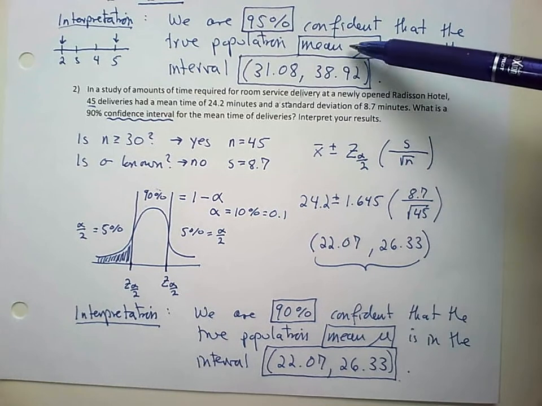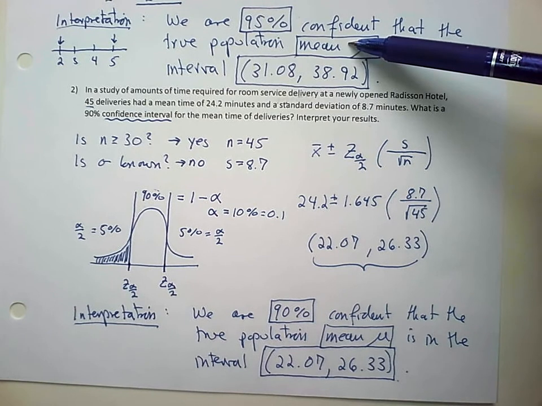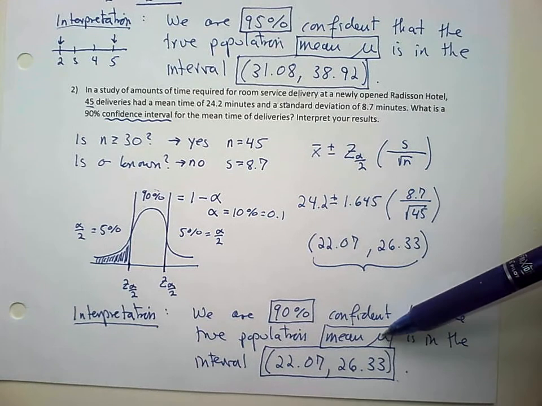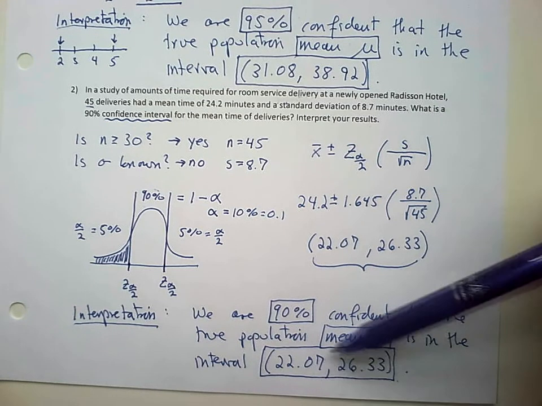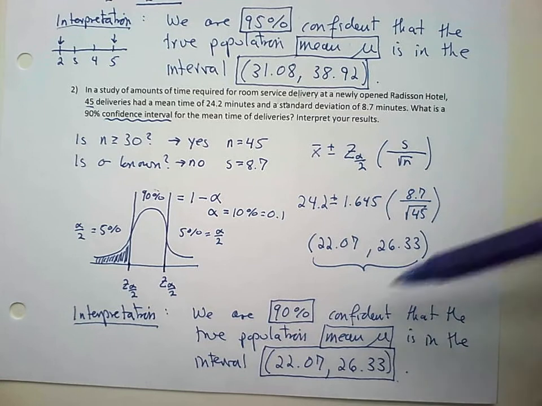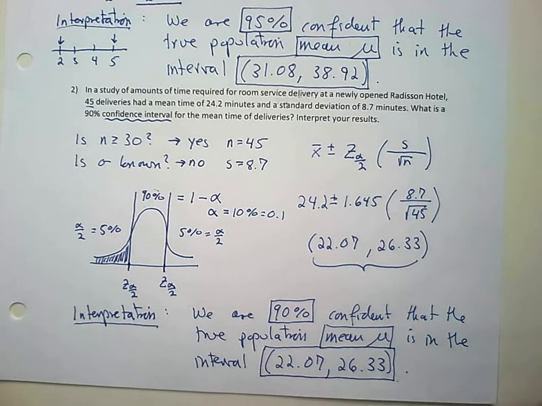We're still looking at the mean, so this isn't going to change. The only thing that this is ever going to change to in this class is the proportion P. You're either only going to have the mean mu or proportion P in this second box. And then lastly, the last box is just going to be the interval that we calculate out. And obviously that's going to change with the numbers that we have. Alright.